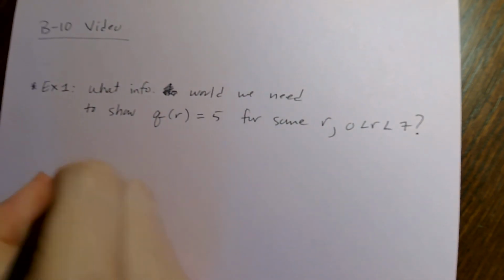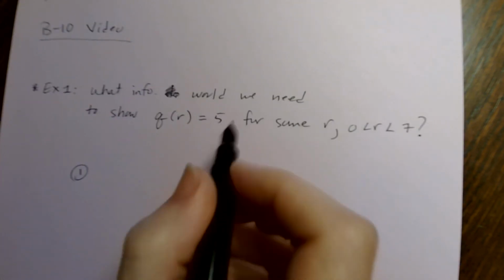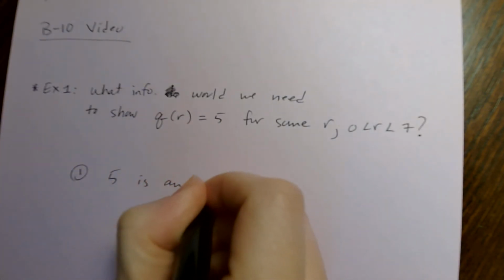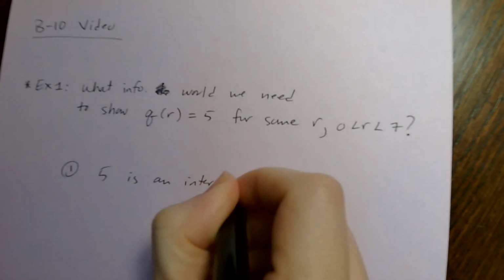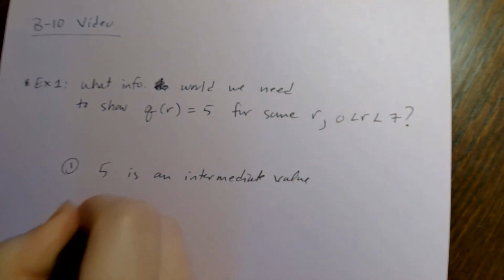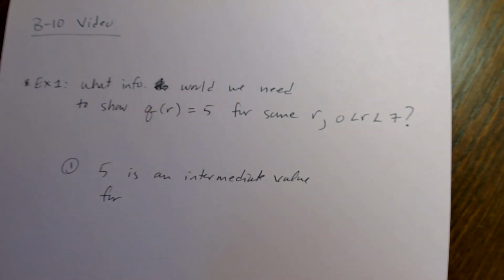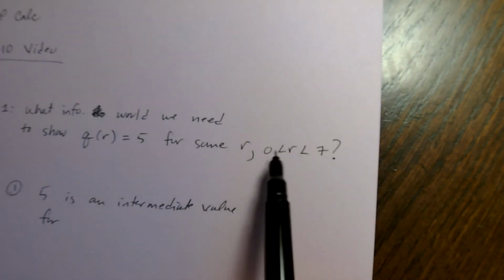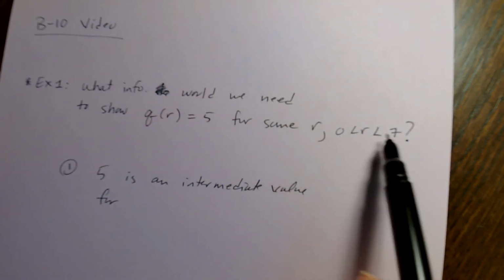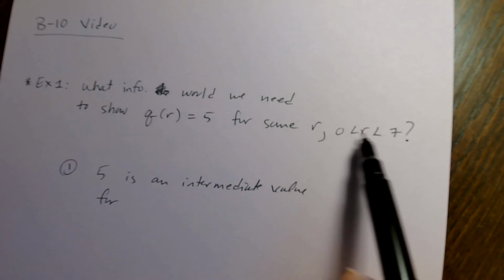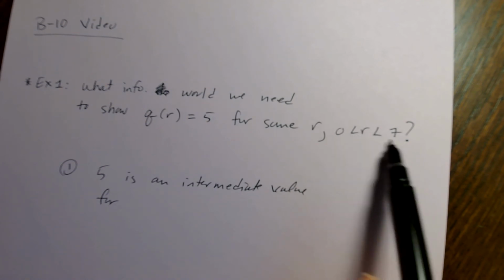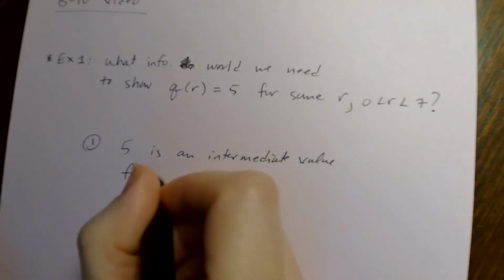So one, you need to be able to say that 5 is an intermediate value for Q of 0 and Q of 7, meaning this number is in between the outputs of the function at the endpoints of this interval, at 0 and 7.